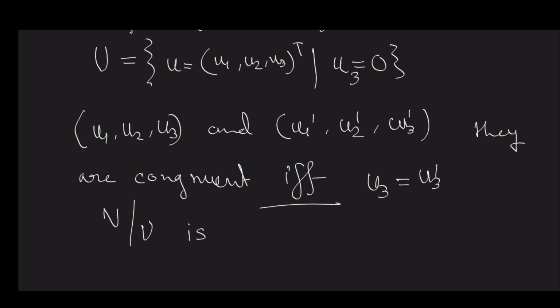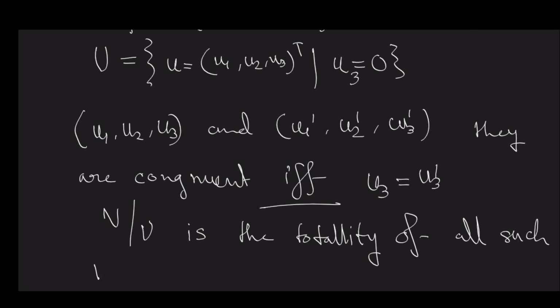So if you try to think in that way, what you will get is that V by U is basically the collection of all such planes. Like you can consider a three-dimensional space as if you are stacking several two-dimensional planes on each other.